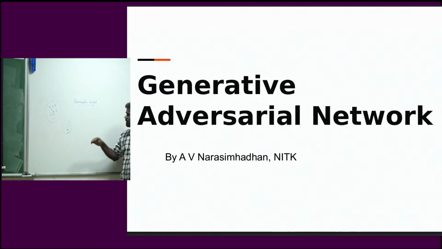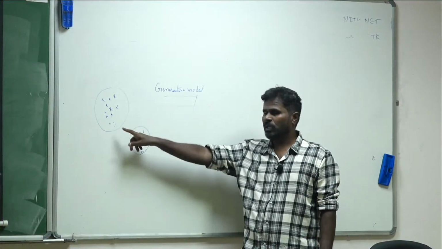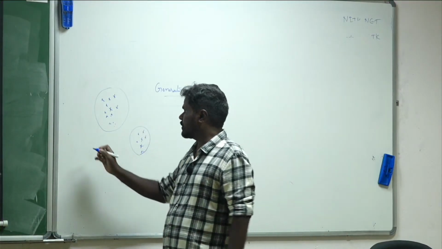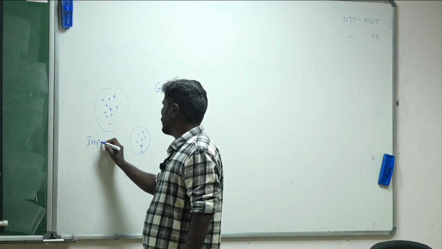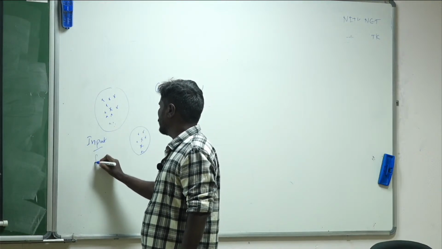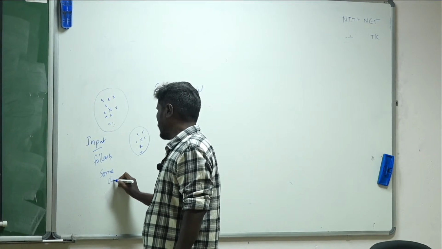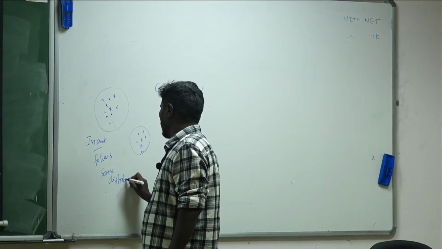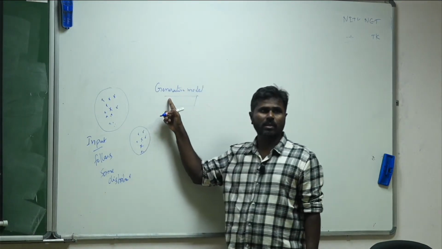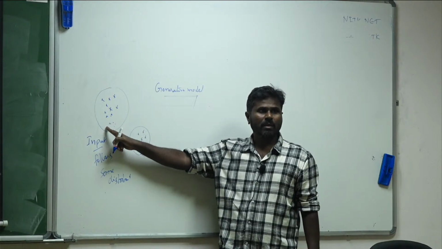In terms of probability distributions, the generator generates samples which follow the same distribution as the input distribution. The input follows some distribution, we don't know that, but the generative model tries to estimate the distribution.